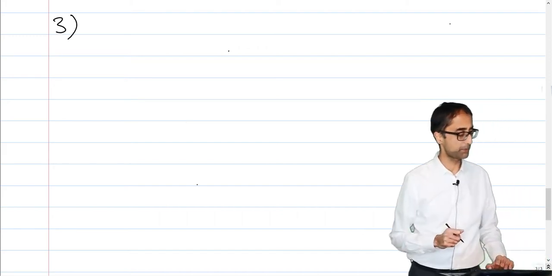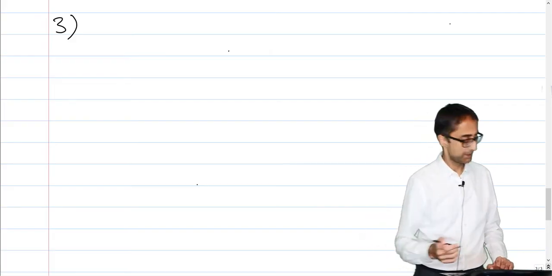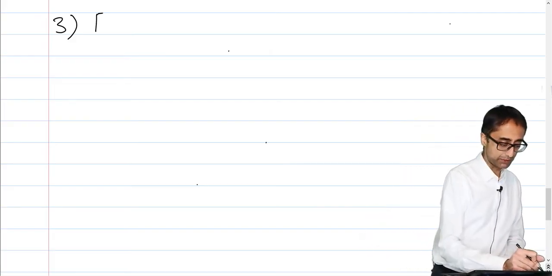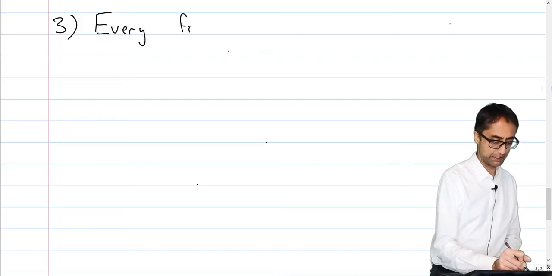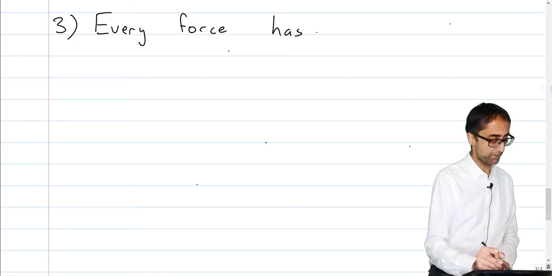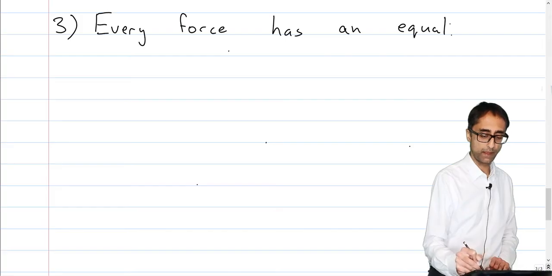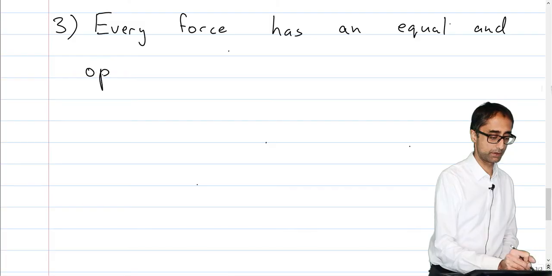The third law can be written very formally, but let's write it first sort of informally, because we all recognize this law. It's used both in science as well as in everyday life, it's almost become a saying, if you will. Every force has an equal and opposite reaction force.